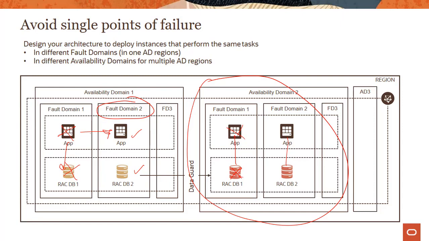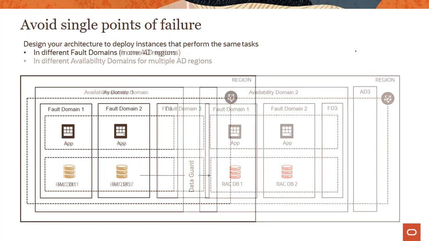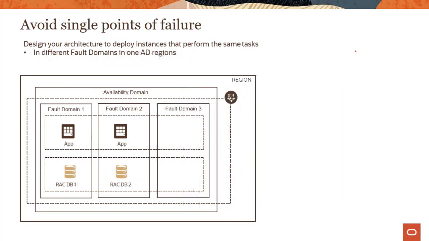And in this case, let's say if your whole AD1 becomes unavailable, you still have your application up and running because you're replicating your data, and in AD2, you're running the same application, in another AD within the region. So this is what we mean by saying avoid single points of failure, and the fact we give you these constructs of fault domain, availability domain, is to help you avoid single points of failure and manage, design, create highly available applications.